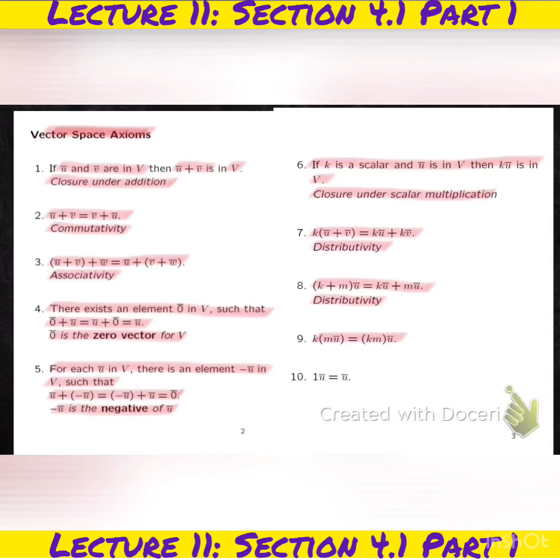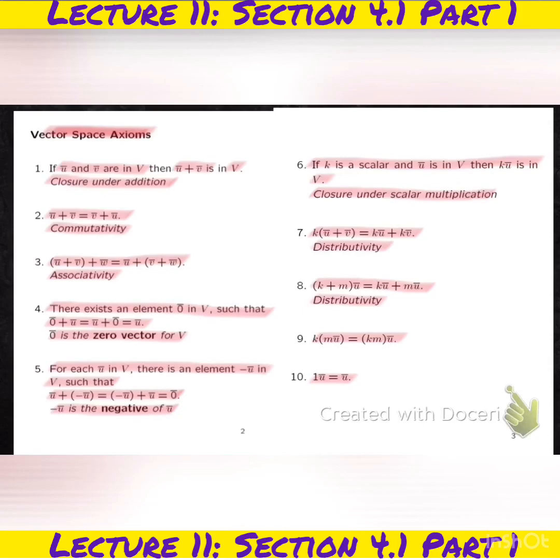If you take the scalar multiple of the vector u, and you take k times that resulting vector, then it's the same as taking k and multiplying it with m and taking that as a scalar multiple. Okay, then the last property is axiom 10. If you take the scalar multiple of u where the scalar is 1, then you get the vector u back again.